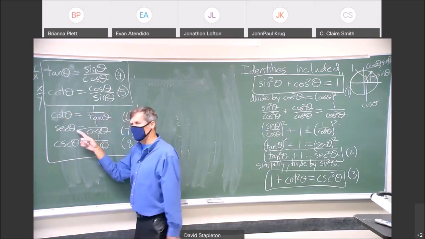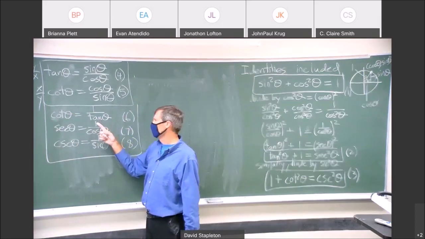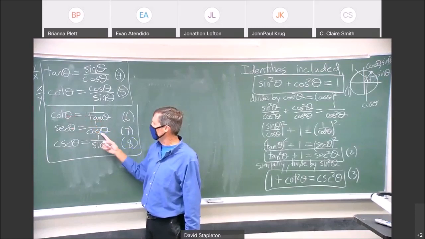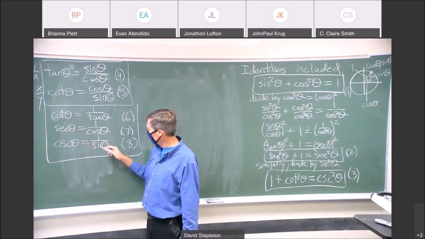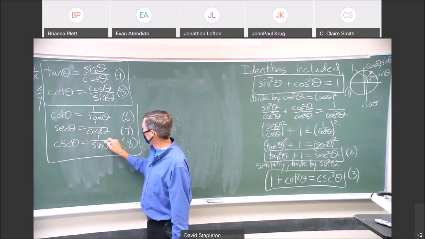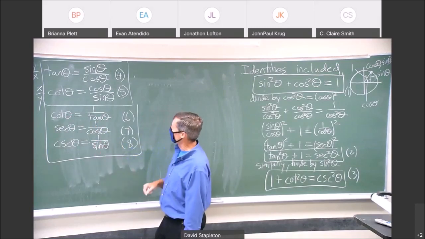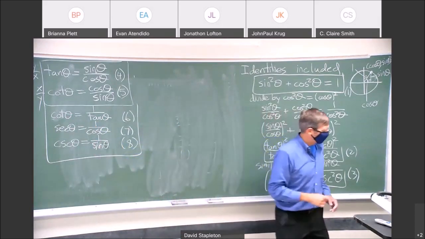And then there's the reciprocal of these. We can say also tangent is 1 over cotangent, cosine is 1 over secant, sine is 1 over cosecant because they're reciprocals of each other. I'll just leave it like that for now.